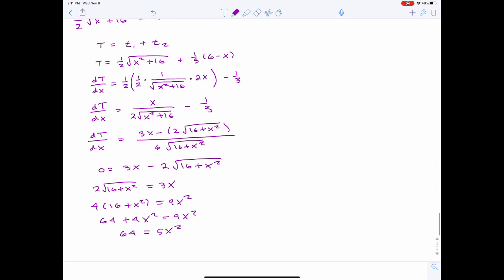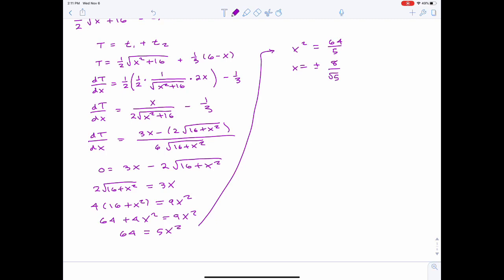So x squared equals 64 over 5, which means x equals plus or minus 8. That's a 64, not a 65. Excuse me. 8 over the square root of 5.